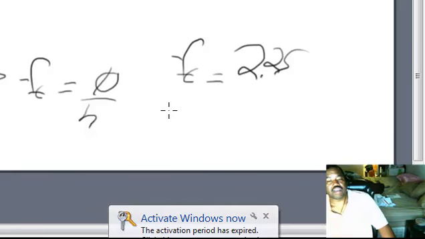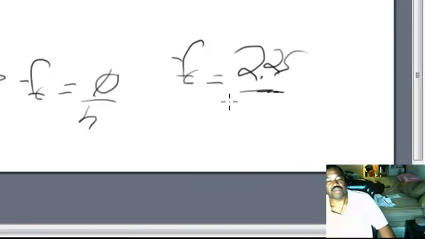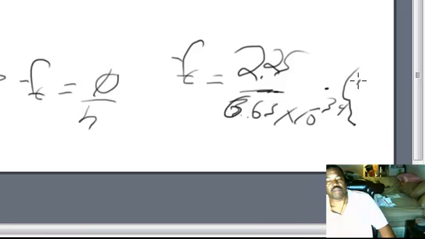Be careful, you have to convert this back to joules, so 2.25 times 1.6 times 10 to the minus 19, divided by my h, which is 6.63 times 10 to the minus 34.